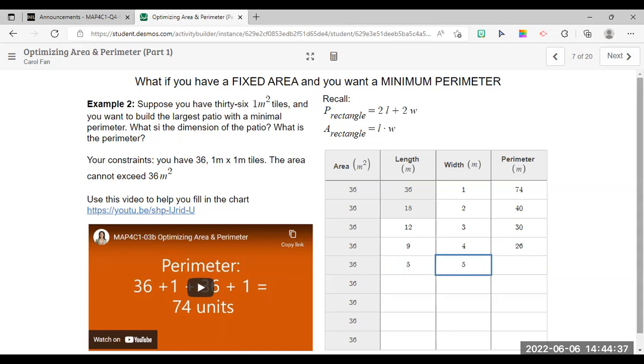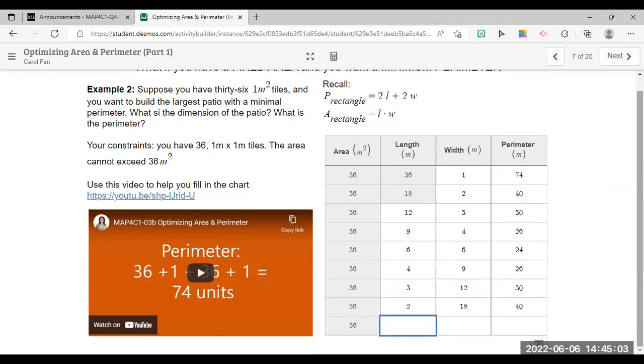Then we had 6 and 6, so the perimeter is 24. Now we're going back. If we had 4 and 9, 26 again. 3 and 12 is 30. 2 and 18 is 40. And 1 and 36, 74.